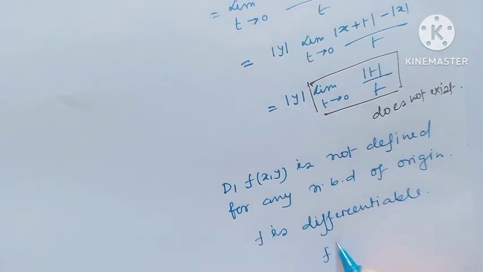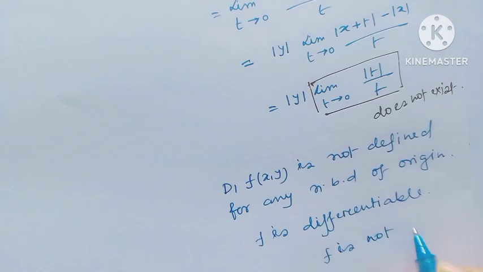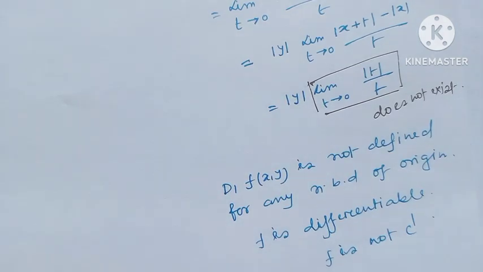Here f is not C1 but f is differentiable. I hope all my viewers have understood. When f is a C1 function, then f is always differentiable, but differentiable does not always imply f is C1. Okay?